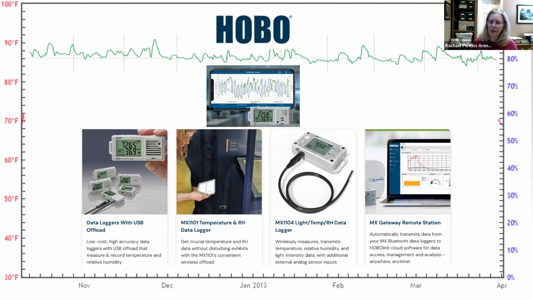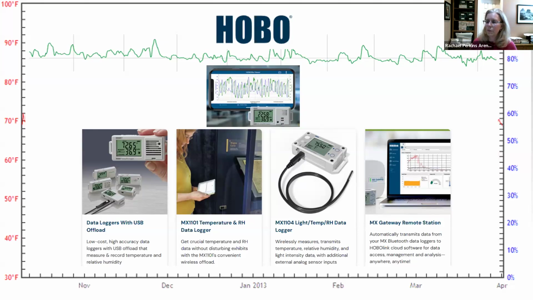Actually, on the left are the last generation, which require a USB offload, and then the two in the middle are the MX1101 and the 1104. They both are Bluetooth loggers, and the difference is that the 1104 allows for light monitoring like the Conserve sensors do too.